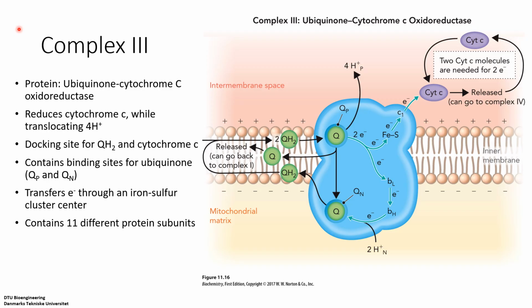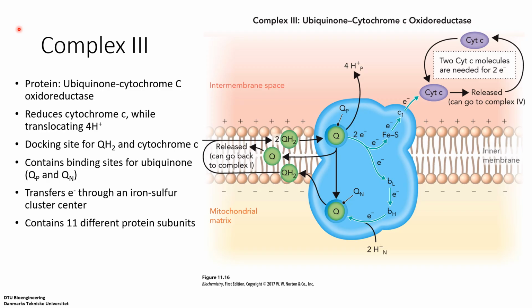So complex 3: the main part of complex 3 is an oxidation of the ubiquinol to ubiquinone and a reduction of cytochrome C, the cytochrome C complex. While this is going on, we get a translocation of 4 protons. So the 4 protons are then released into the intermembrane space.